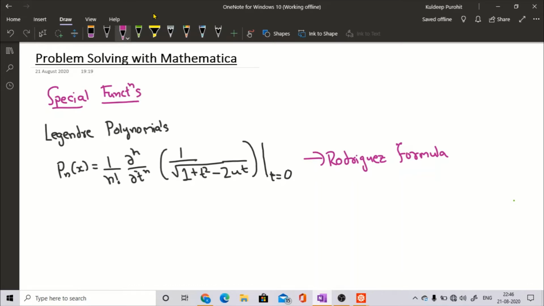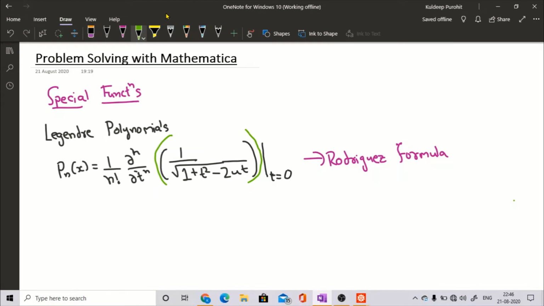So first of all, I will divide this entire process into three steps. First, I will take the quantity in the bracket and define it, which is 1 upon under root of 1 plus t square minus 2ut.